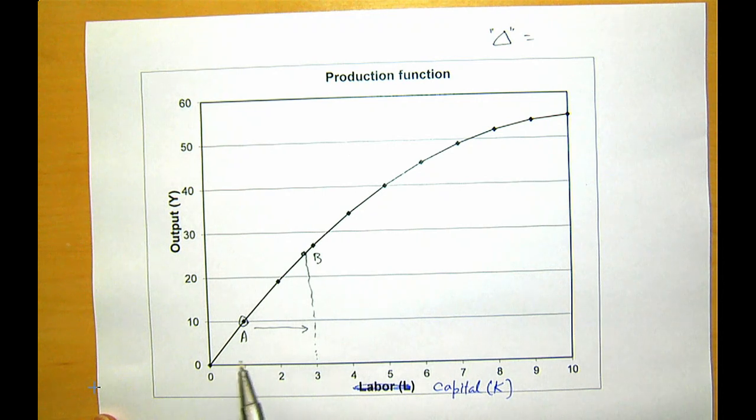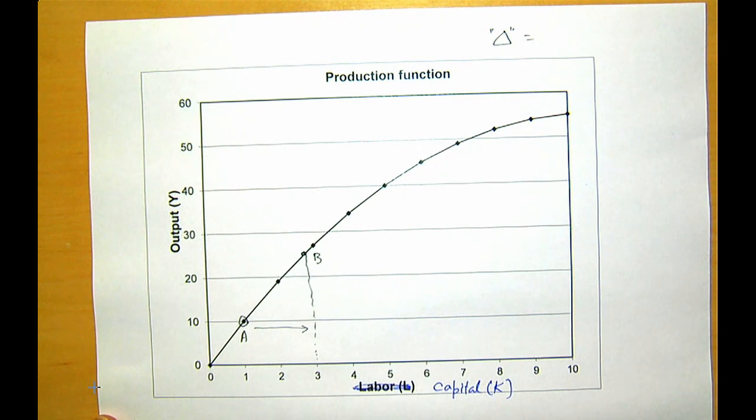So when you want to go from A to B, you walk along. This is coordinate geometry. You go to the right horizontally. So you walk 1 to 3. That means you're building 2 more restaurants. So the additional change here will be 2.